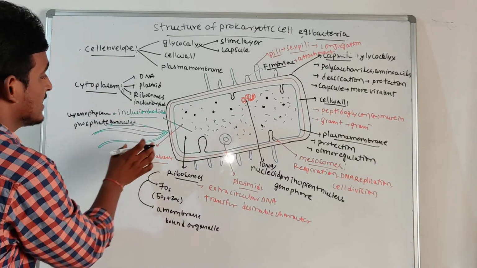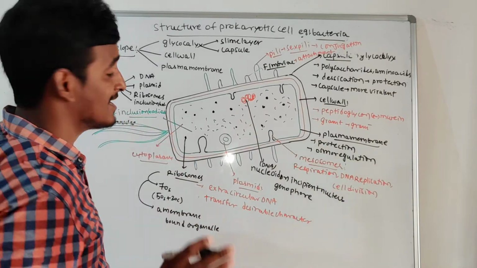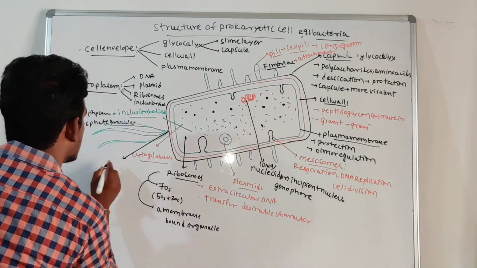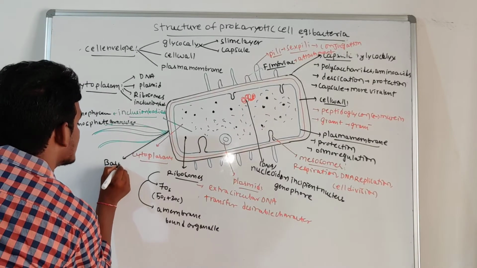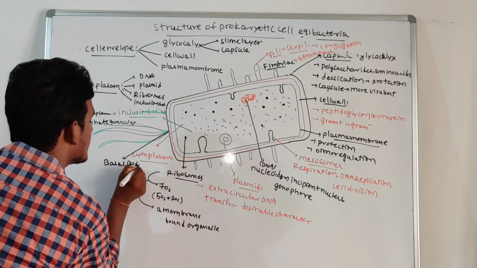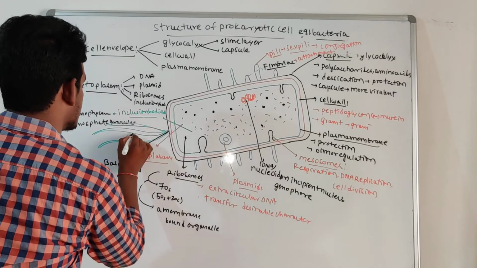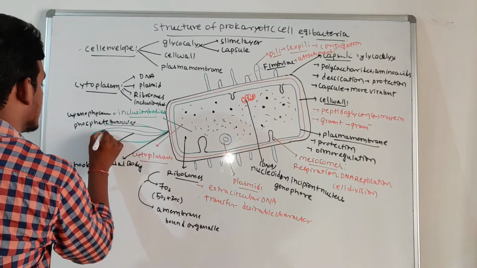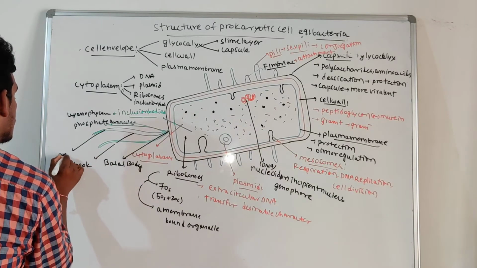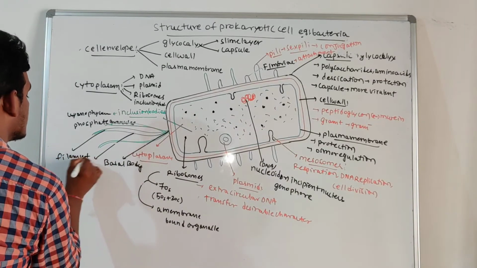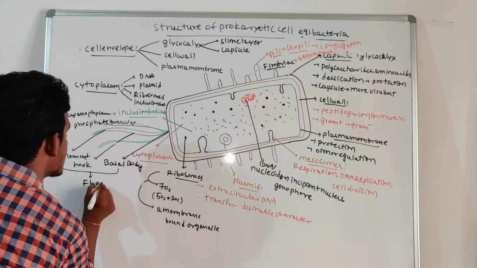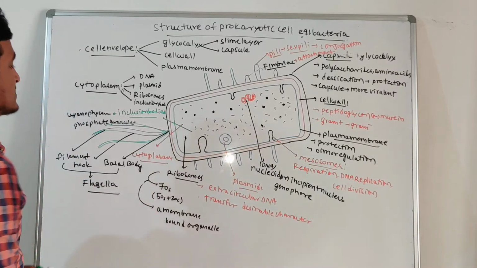If you look at a flagellum, you will find three parts. One is the basal body, another is the hook, and another is the filament, right? Combined, these three parts are found in a flagellum.